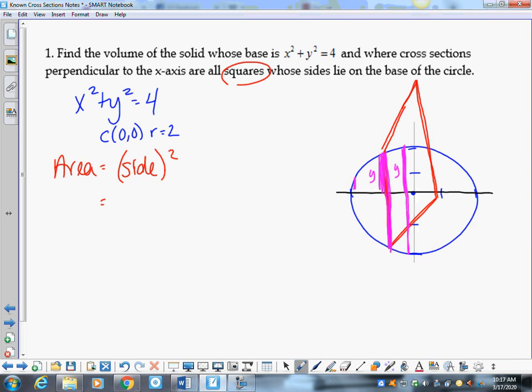And even if it was right here, that distance is y. So the length of each side of each square is 2y, because I've got this and this, and it's symmetrical, so it's the same height.